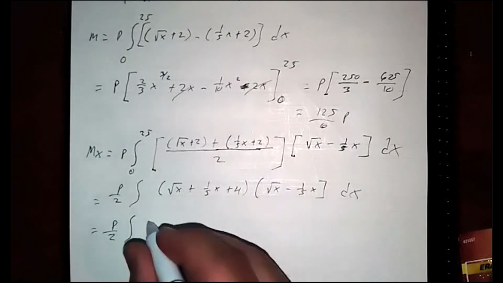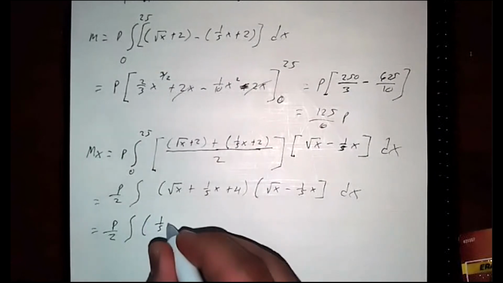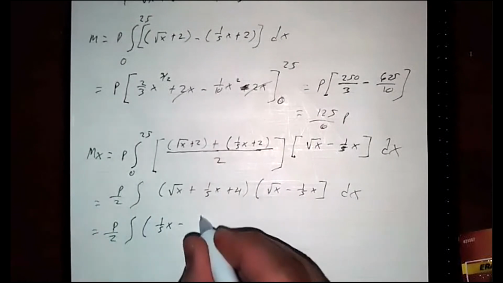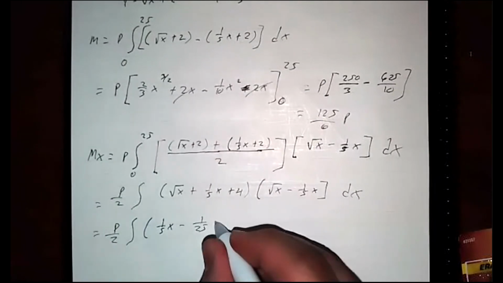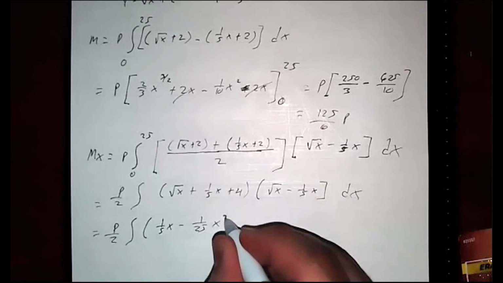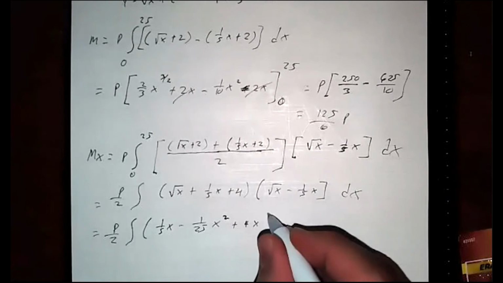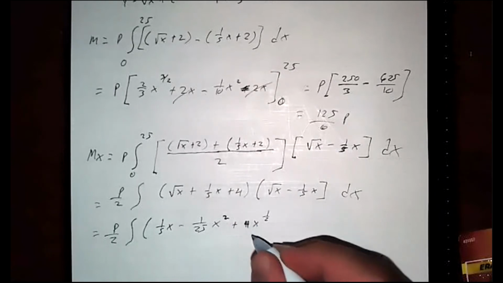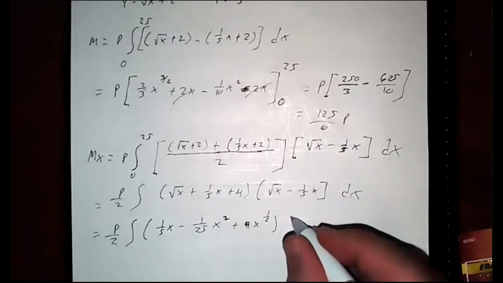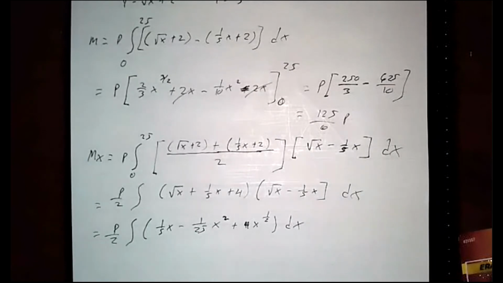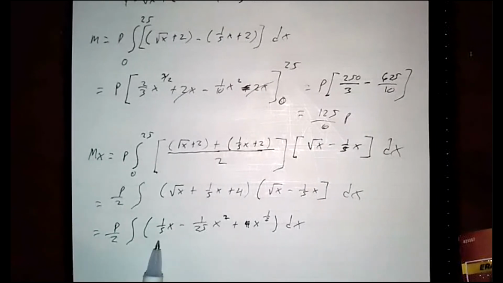Yeah, that's right. That's a 4. 1 over 25 and 1/5.